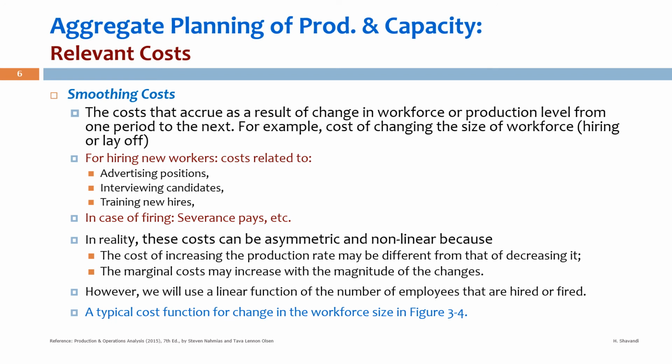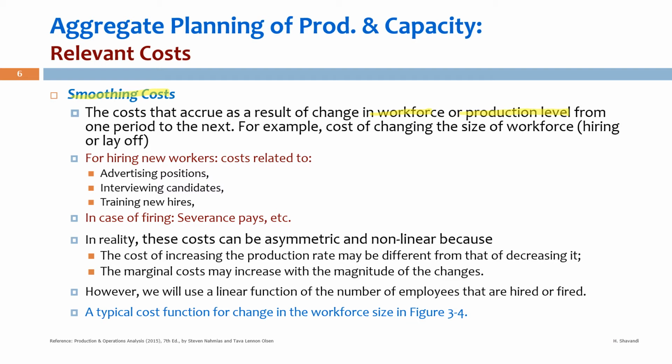So let's see what the relevant costs are in aggregate planning. The first one is the smoothing cost. As we discussed in the previous slide, anytime we have changes from one period to the next, we will have a smoothing cost. Any change in workforce or production level will cause the smoothing cost.